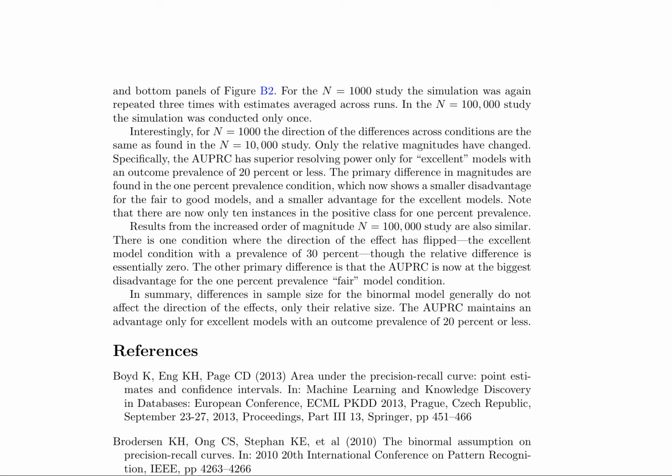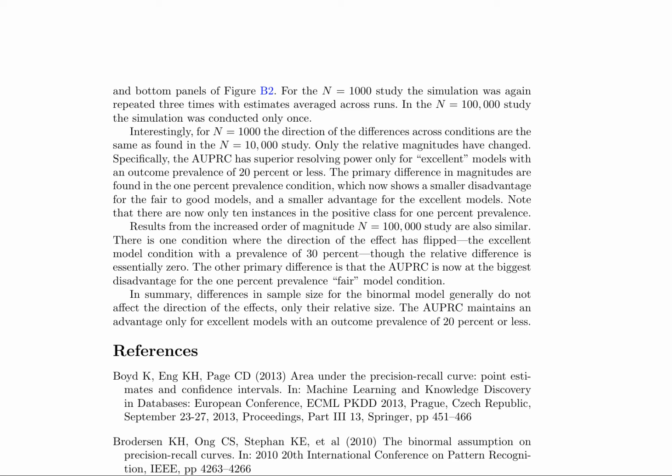The binormal model simulation was repeated for varying sample sizes, specifically n equals 1000 and n equals 100,000, to investigate the effects on the area under the precision recall curve, AUPRC, and its resolving power.